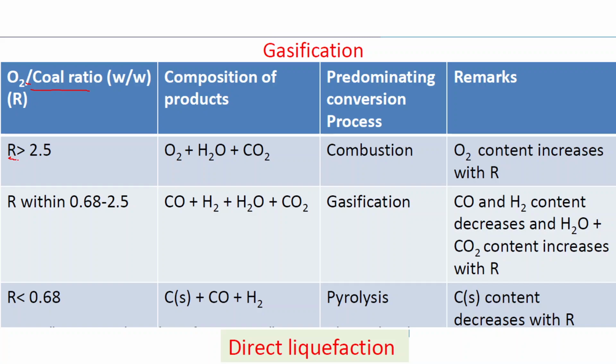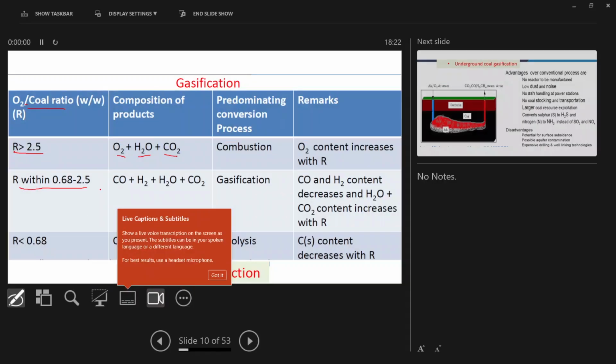If this ratio, R, is greater than 2.5, then this is the conventional route. Simple combustion is taking place, so it gives oxygen, water, and carbon dioxide.